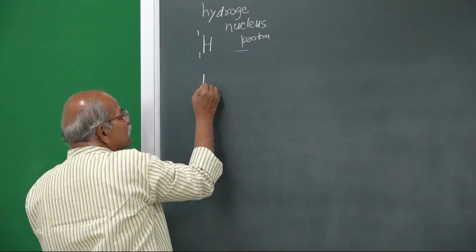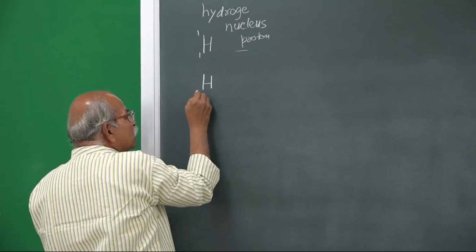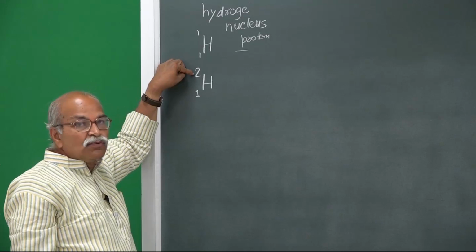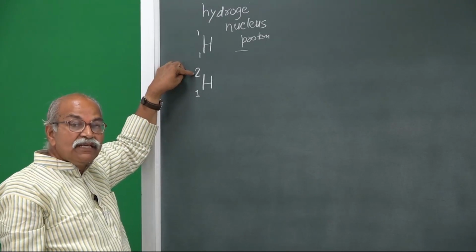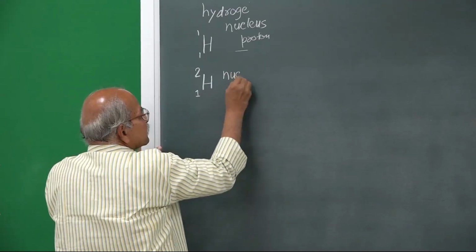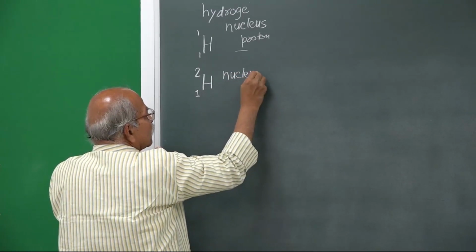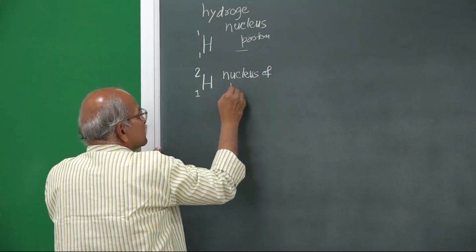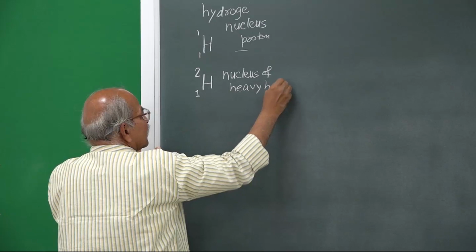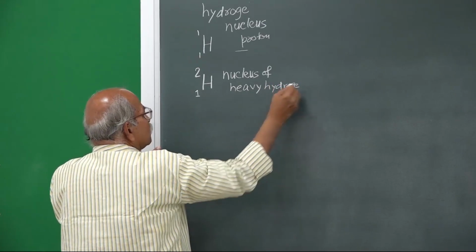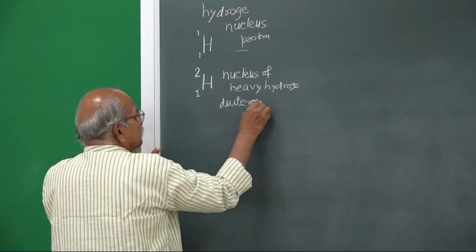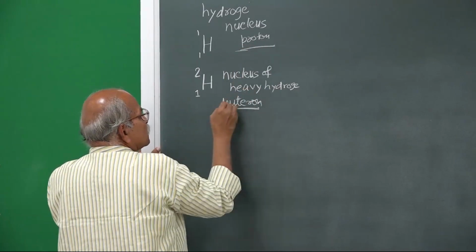And if you have 1 proton together with 1 neutron, then the total number is 2. That is the nucleus of heavy hydrogen, called the deuteron. So, this is the proton and this is the deuteron.